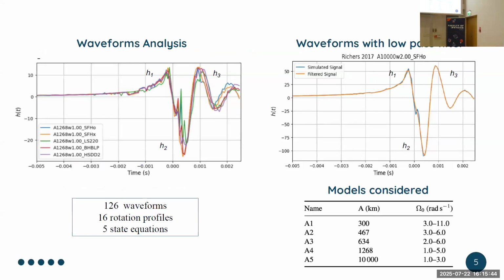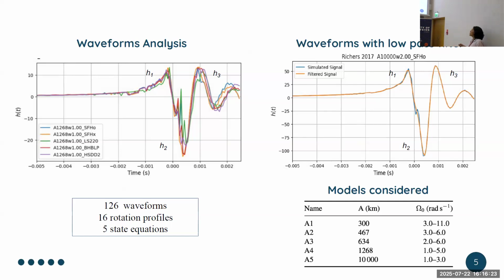Okay. So for our first analysis, we took particularly 100 waveforms with these profiles and equations of state. As you can see here, the equations of state that we chose are in different colors. At the beginning, we took the signals from the catalog, and we saw that they are very, very noisy. For this, we used a low pass filter in order to reduce the noise in the waveforms.